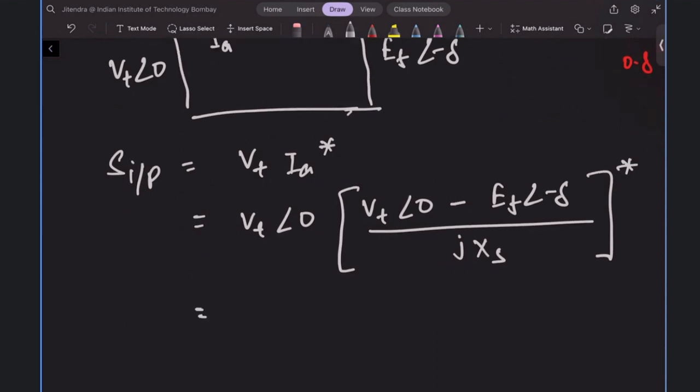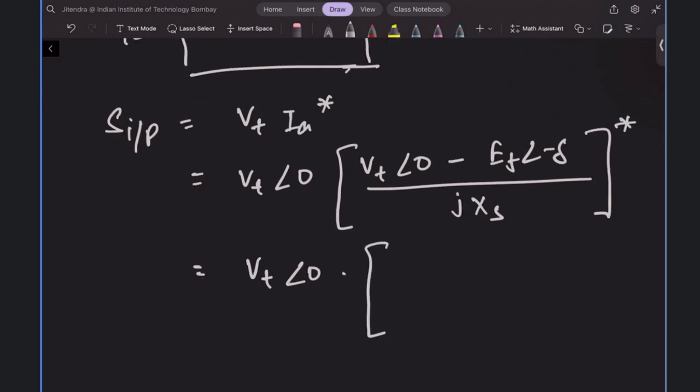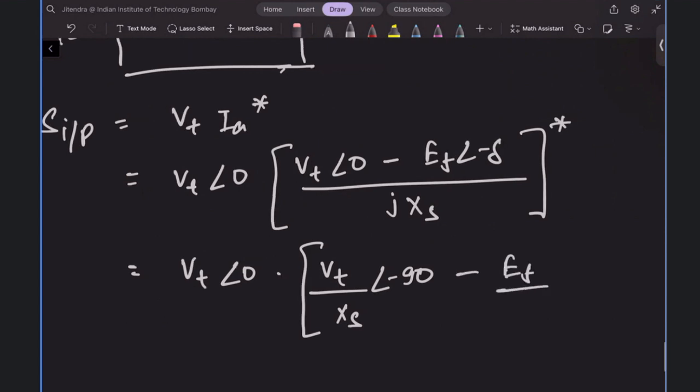So if you do it, VT angle 0 into VT by jXS. So j we can write as minus 90, right? Minus EF by XS angle minus delta minus 90.